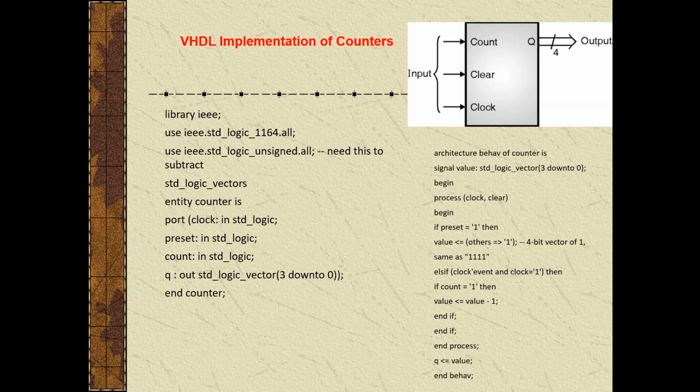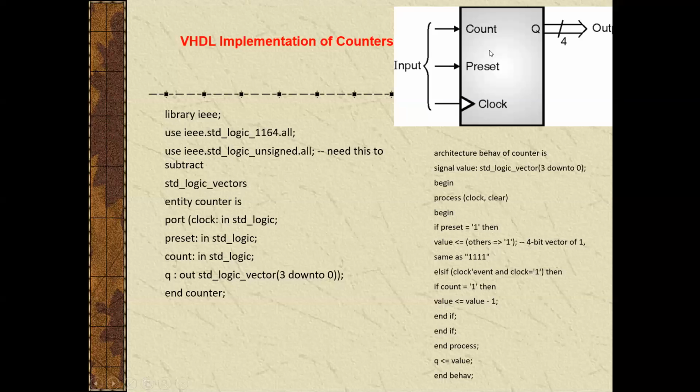The name of the entity is counter, and here the inputs are clock, preset and count, and Q is also available. This figure shows these three are inputs and this one is the output. These inputs are mentioned in the entity part, all in std_logic, and there is one output. The output is a 4-bit output, which is 3 down to 0.